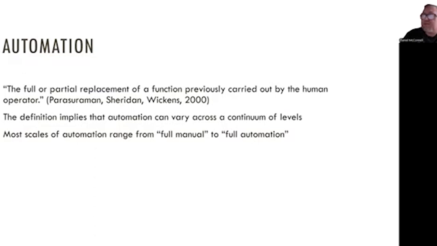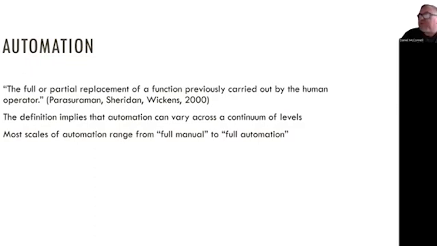So, let's start with a definition here. This one comes from some big names in human factors: Raja Parasuraman, Sheridan, who had some important ideas on the concept of presence, which we talked about a little bit in the methods notes in terms of the VR-based work on presence and immersion.